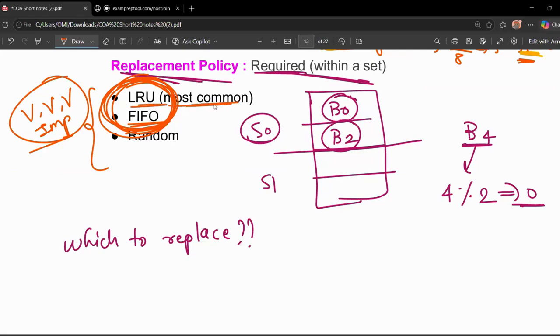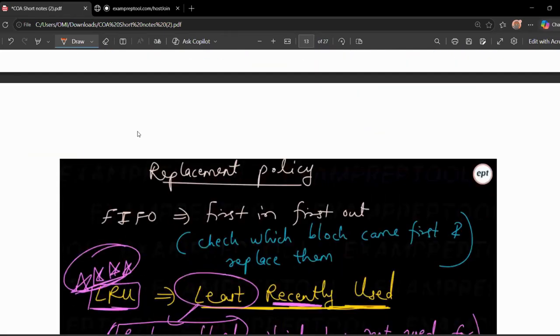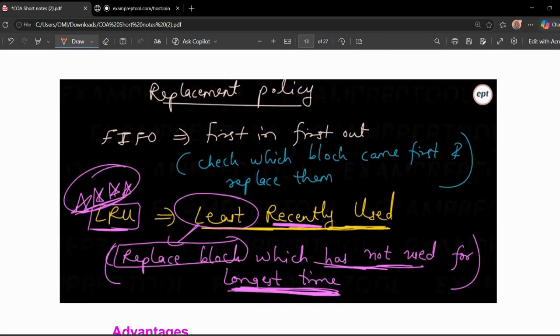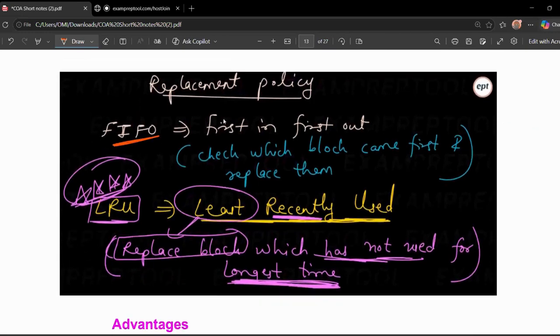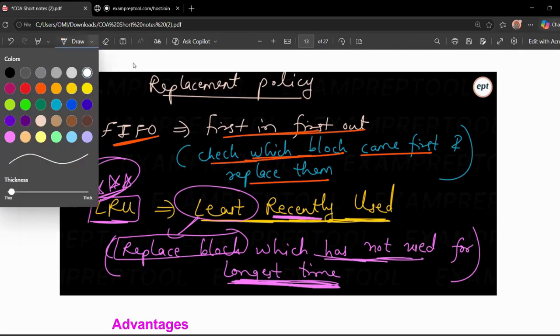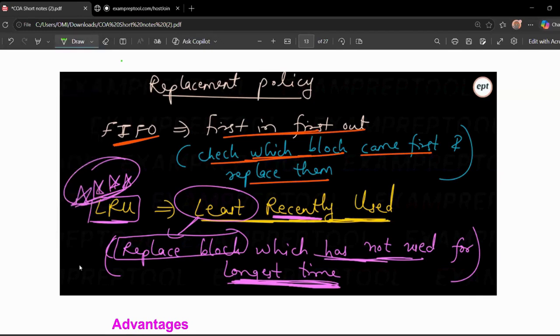LRU is the most common, and FIFO. What FIFO says is first in, first out. Check which block came first and replace that one. FIFO is pretty simple: if you came first, you go first.